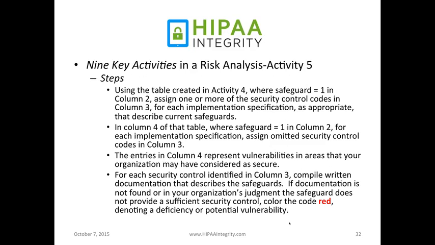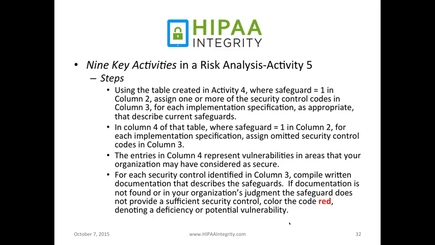Here are the steps. Using the table created previously where safeguard was 1 in column 2, you assign 1 or more of the security control codes in column 3 for each implementation specification that describe current safeguards.